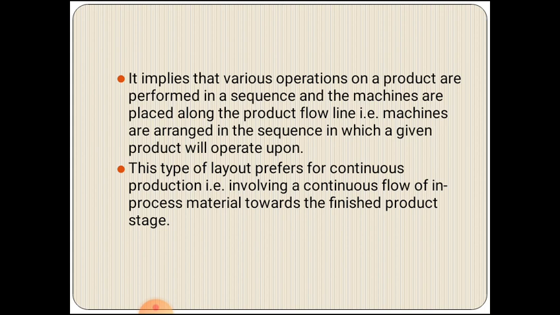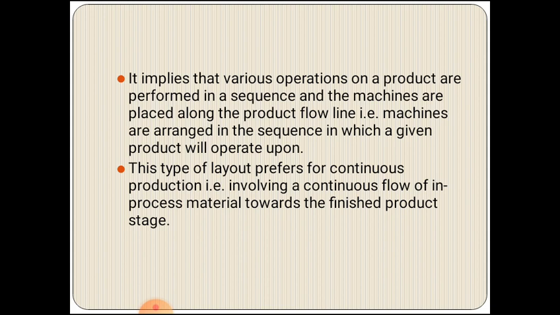This type of layout, the product layout, is more preferred for continuous production, because in continuous production there is continuous movement of material, so there is no breakdown during the production process. There are two types of manufacturing system: continuous production and intermittent production.